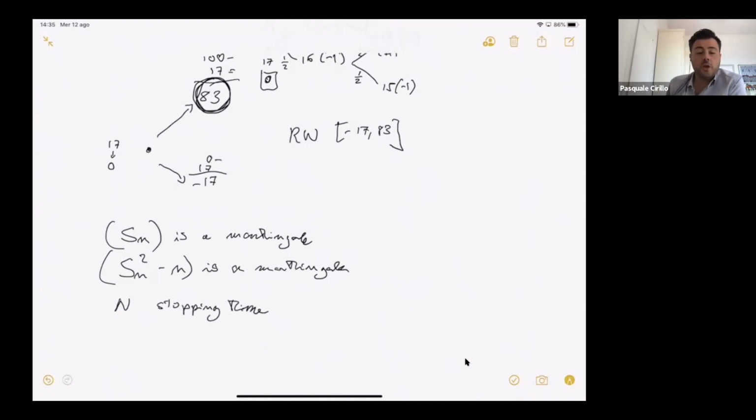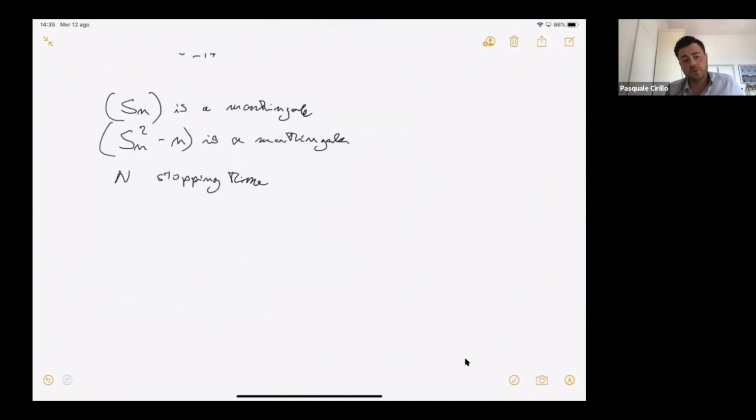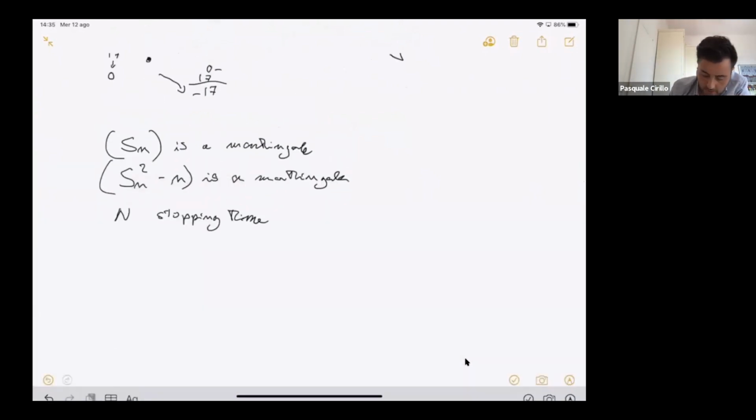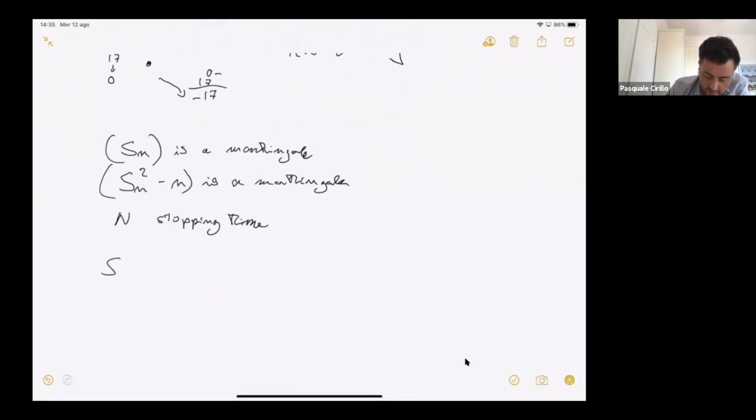And what we know from the result we introduced yesterday in order to give Wald's equality was that if N is a stopping time and I take something that is already a martingale, Sn, the quantity S_N is a martingale.